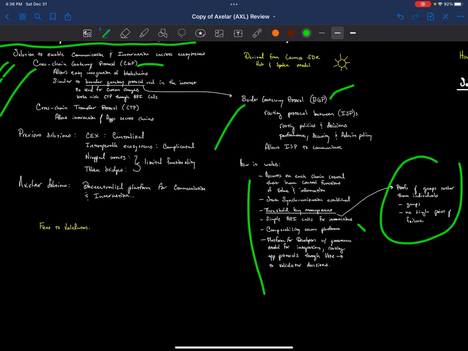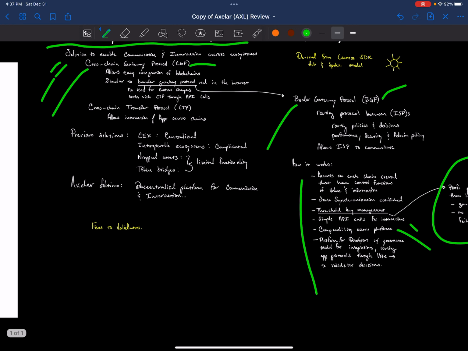It's got composability access platforms, which allows for composability, which is basically how these different codes work well together, like Legos, and then how consistent and synchronous they are, etc. It also is a platform for developers to have a governance model over these integrations, over this protocol, so that they vote to validate decisions, so that the developers are involved in the governance of this layer. And obviously the token is involved in the control of that. All right, so yeah, without making it too complex, right?